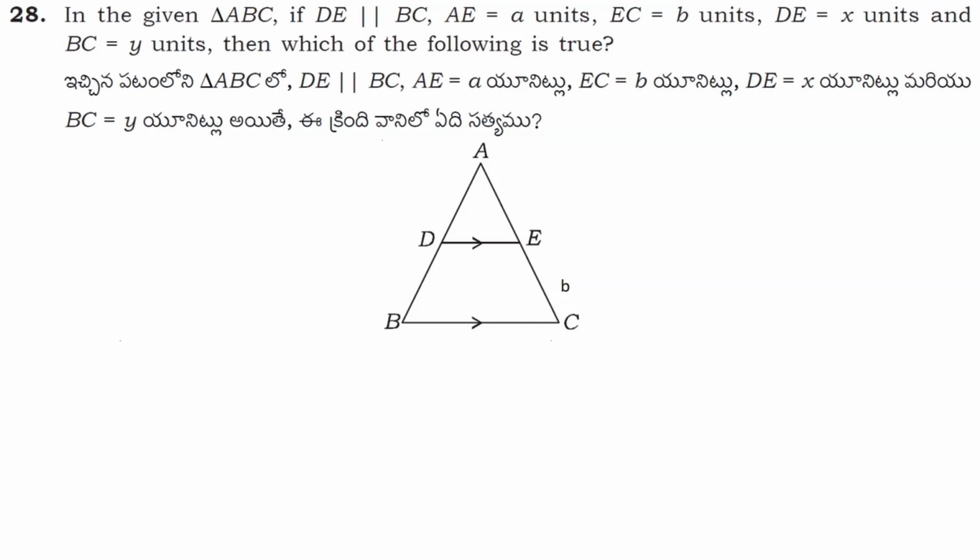In given triangle ABC, if DE parallel to BC, AE equal to a units, EC equal to b units, DE equal to x units and BC equal to y units, then which of the following is true?